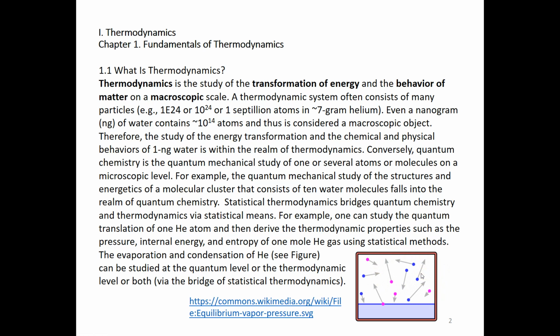We can either study the property of individual helium atoms, or we can use statistics to look at the collective behavior of many helium atoms in the gas phase and in the liquid phase. So we can study the same system using quantum mechanics or thermodynamics. Again, there's a bridge between these 2 studies. The bridge is statistical thermodynamics.